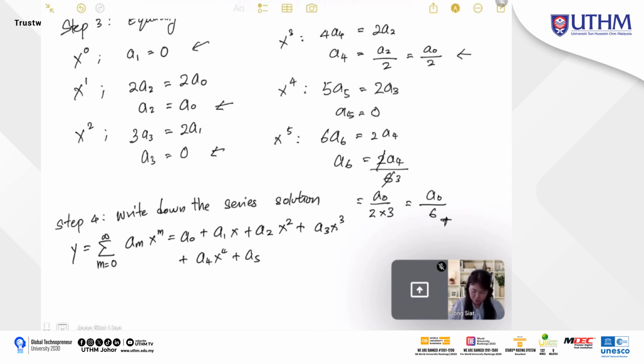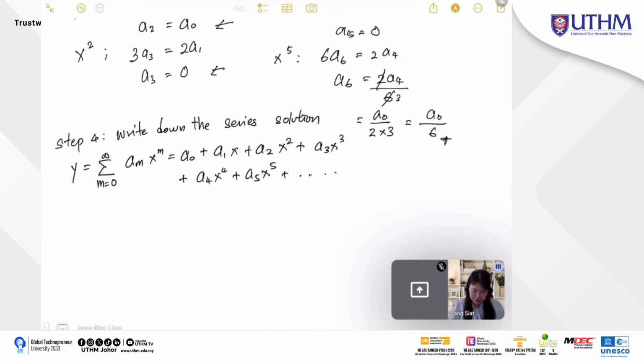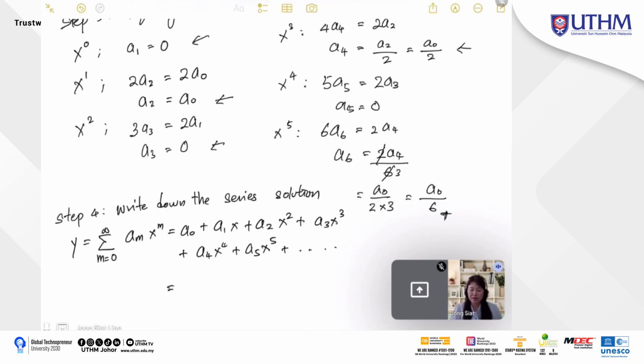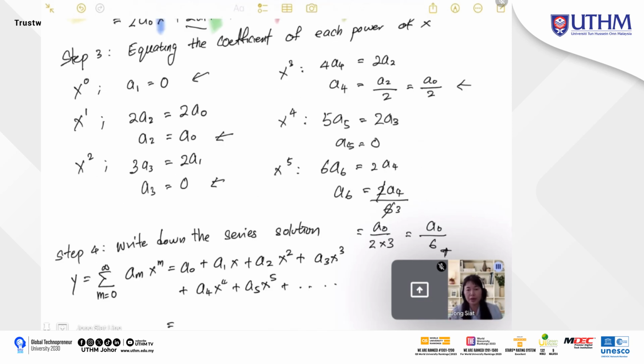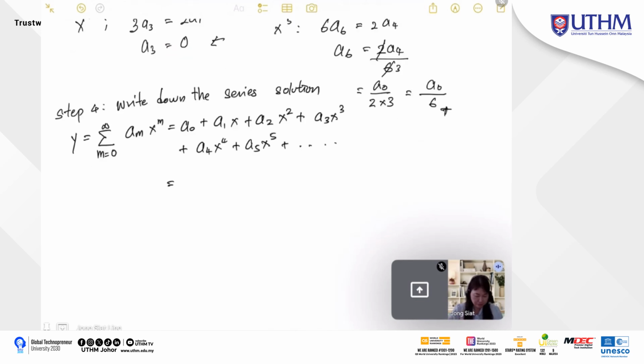That's why I copy back the same equation as before, so I can substitute in the values that I found just now, a1, a2, a3, a4, a5, and a6.